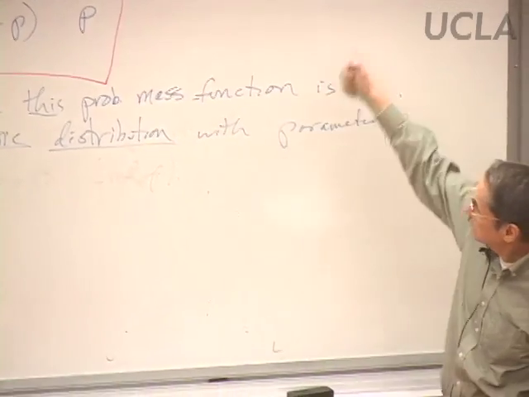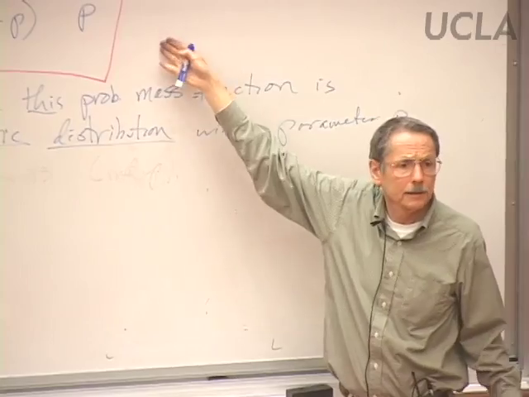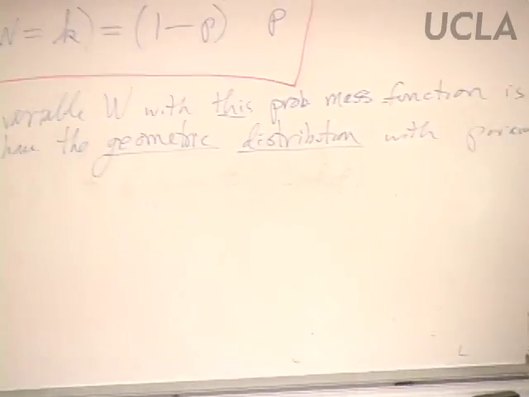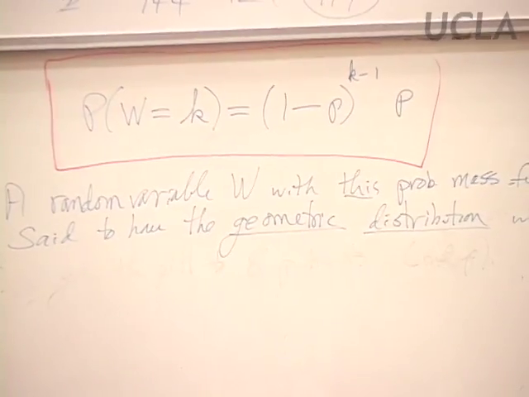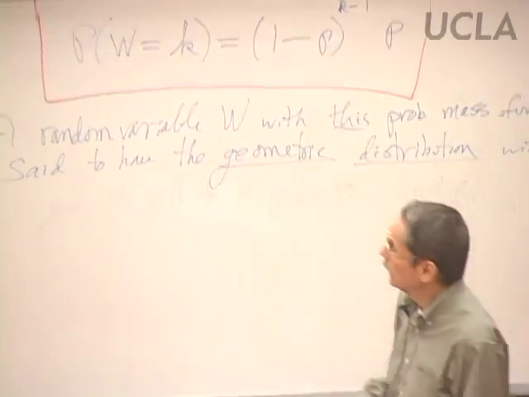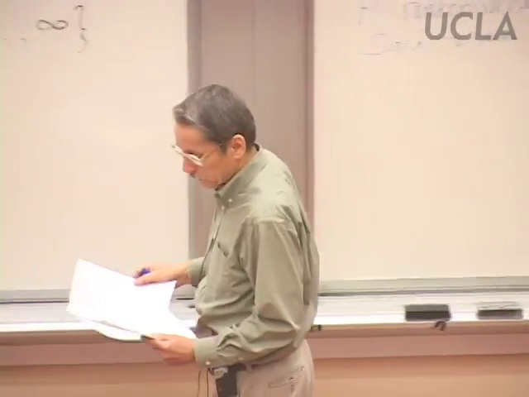And we apply the geometric distribution when we want the waiting time for Bernoulli trials.